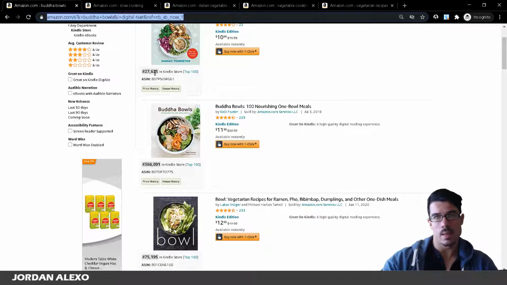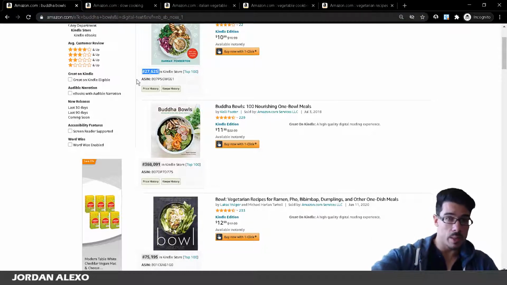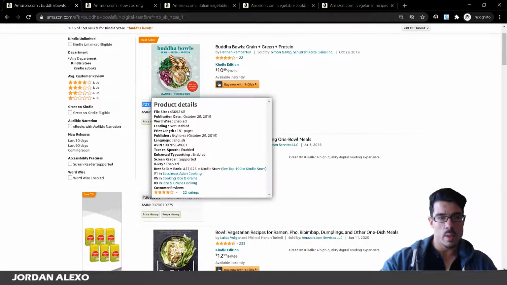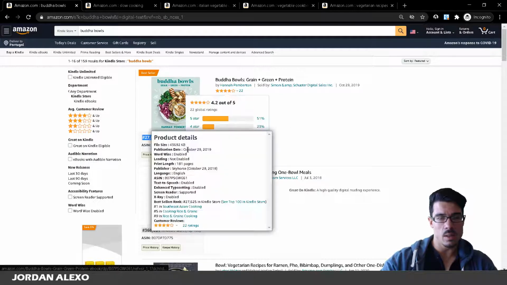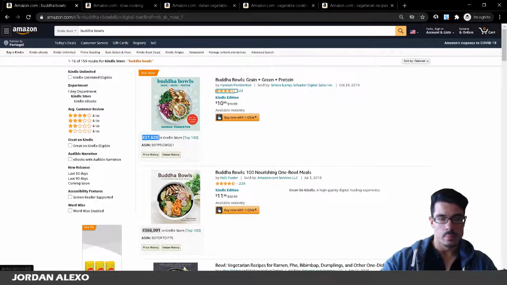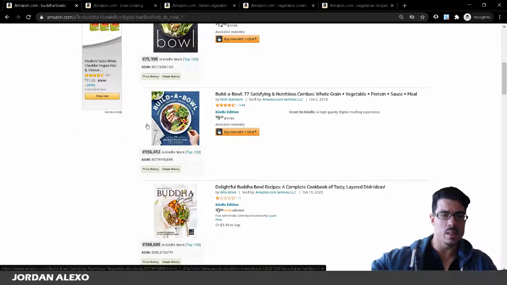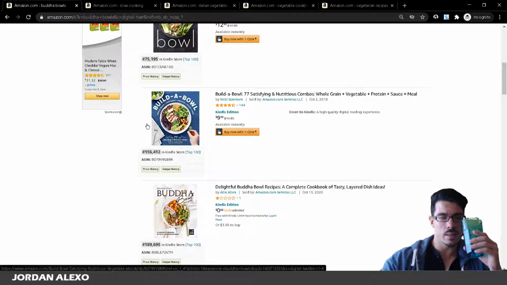This sales rank, the lower the number is, the better it sells in the Kindle store. So this book is selling pretty well when it comes to the Kindle version. And as you can see with Amazon Quick View, we can quickly see this sales rank in a blink of a second.